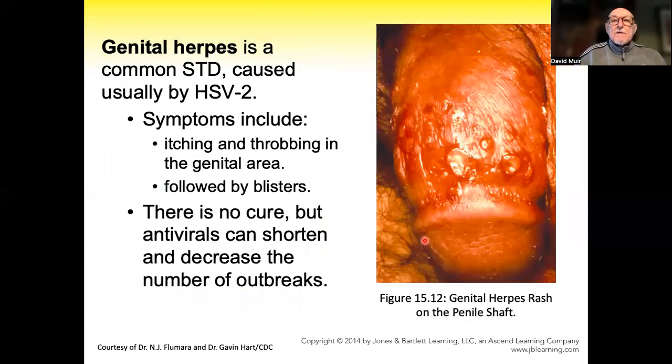So the genital herpes differs between men and women. In women, they may not actually be aware that there may be some irritation or some suppuration on the vagina.